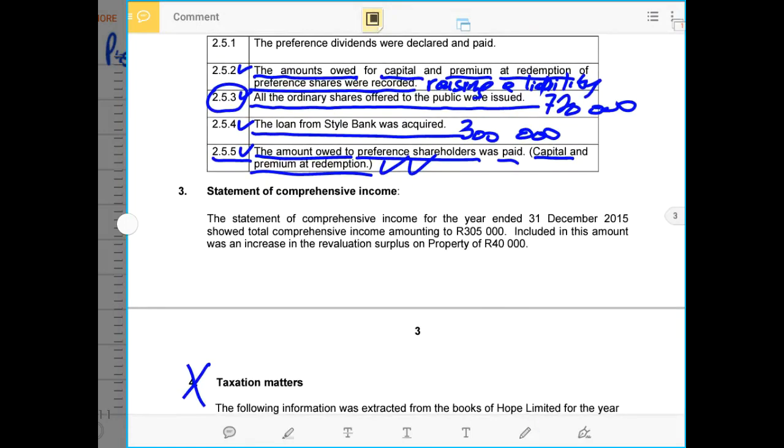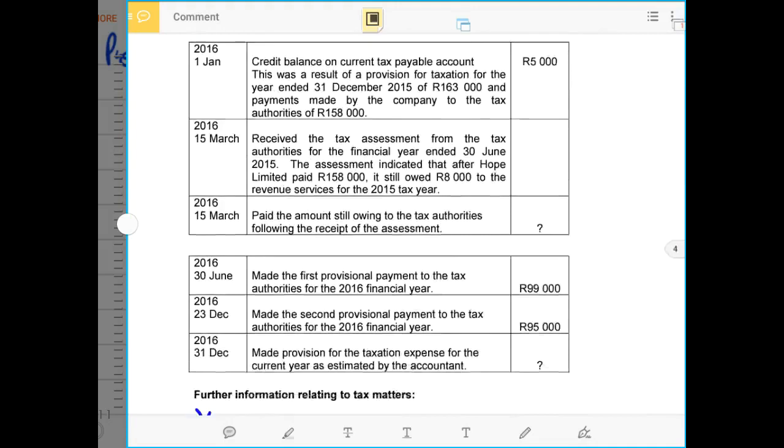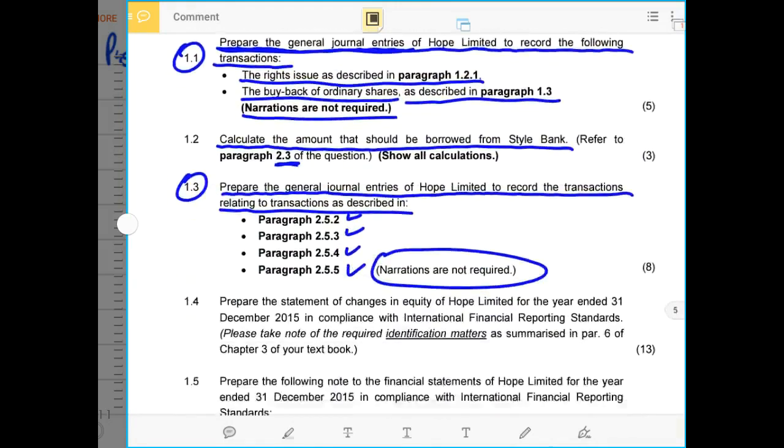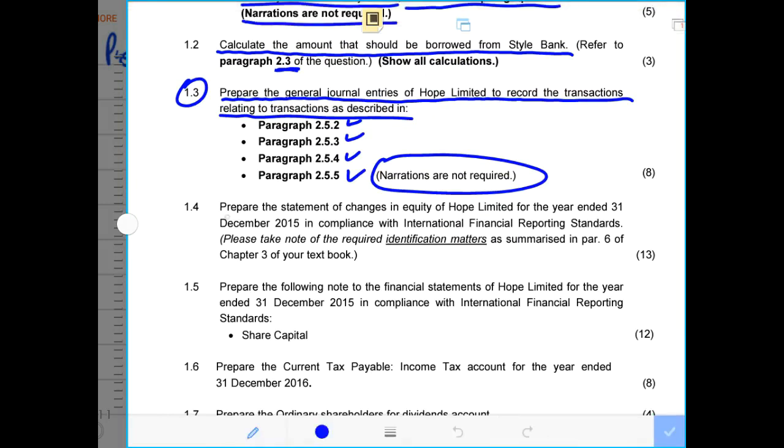Then the next requirement, now that we have done all the entries, is to compile the statement. To prepare the statement of changes in equity of Hope Limited for the year ended 31st of December 2015, in compliance with International Financial Reporting Standards.